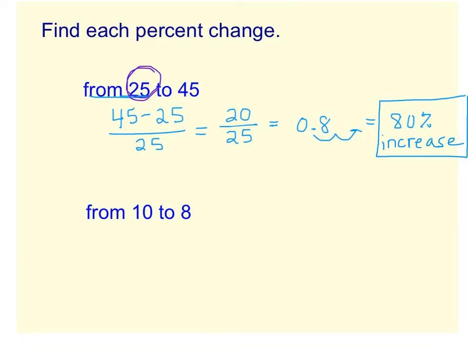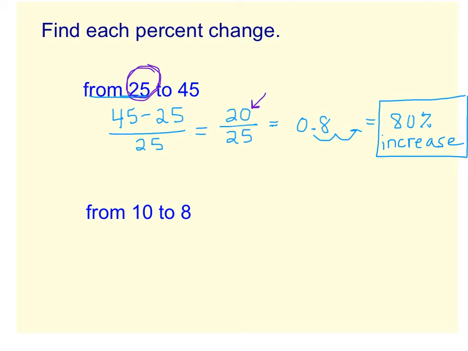So what they're saying is whatever your starting amount is, so 25 is your starting amount on this example. If I increased by 25%, that would be increasing it by 100%. So if you increase your number by itself, that's 100%. If you can see, we went from 25 to 45, we increased by 20, which isn't all the way up to 25, but it's close.